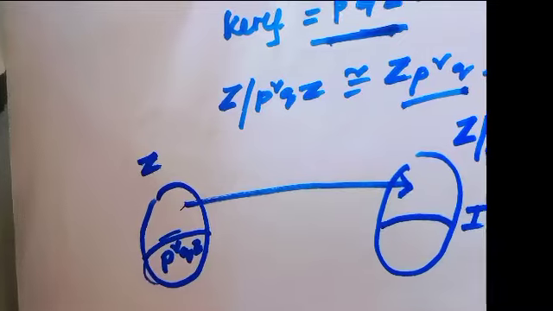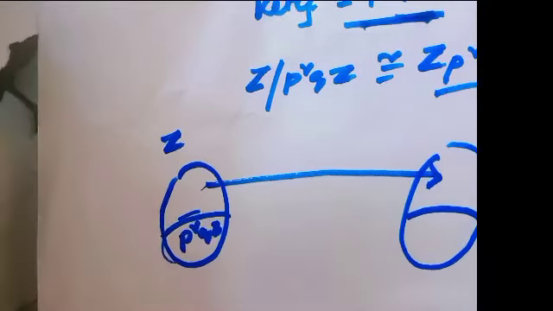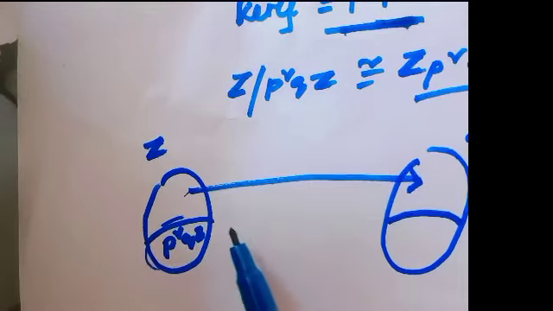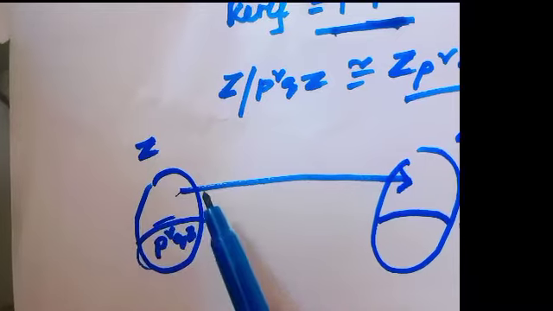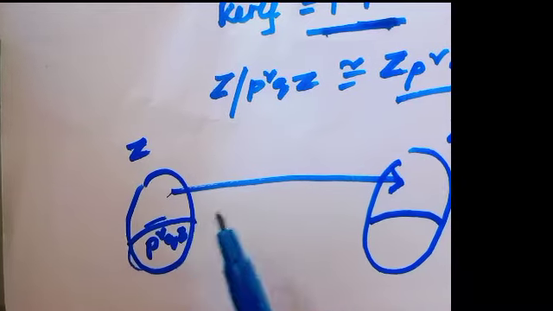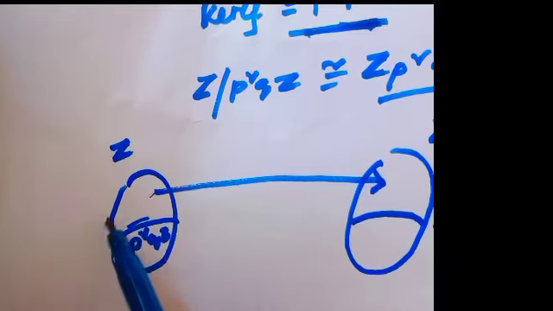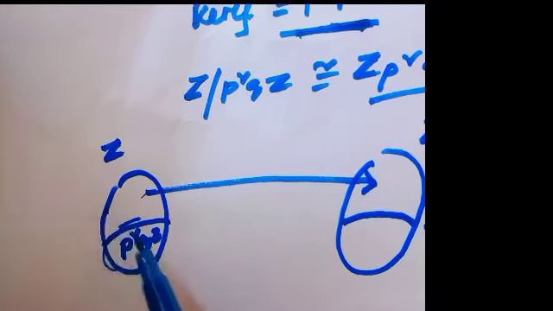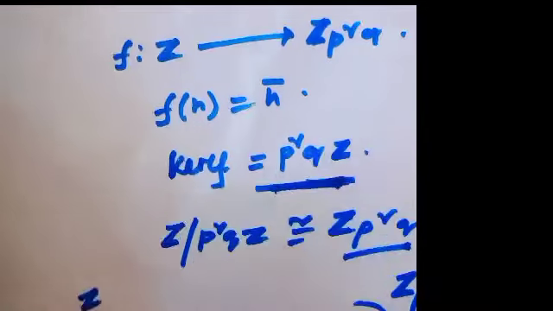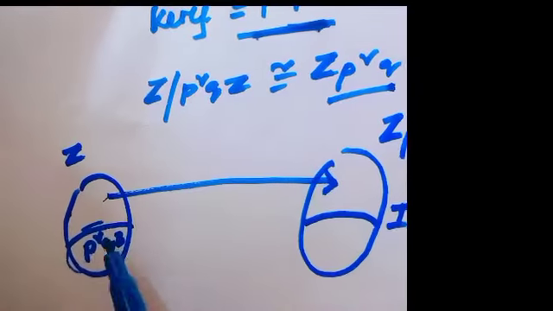therefore, by the correspondence theorem, we can say easily that we have to find the ideals which contain p² qZ in Z for this mapping. Are you getting the idea?